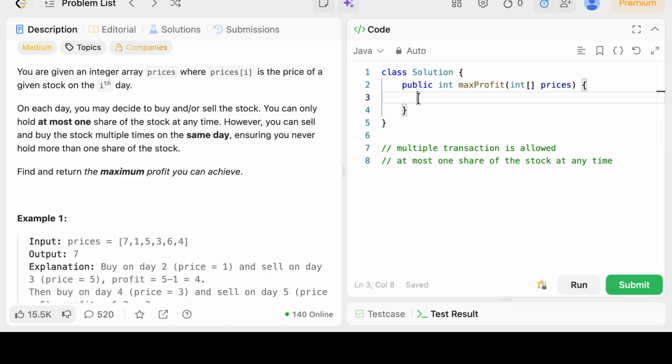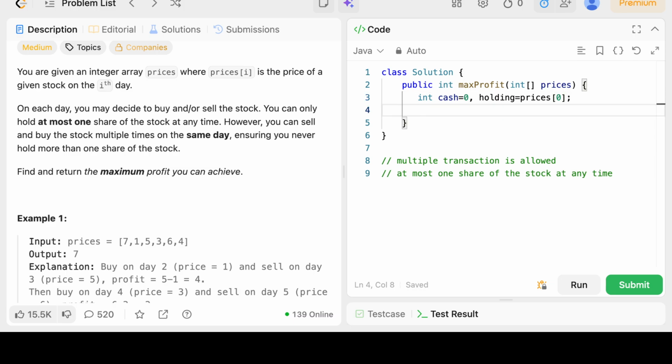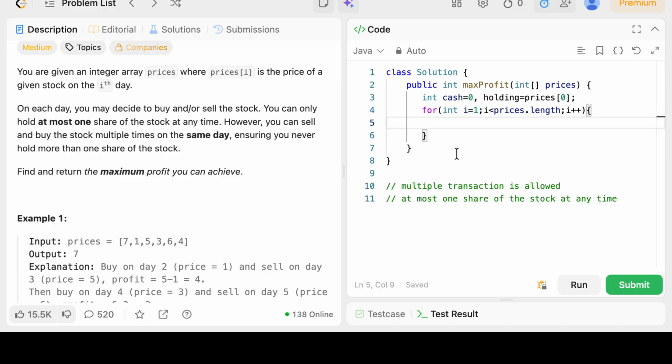Let me first define the variables. Initially we have a cash of 0, and on day 0 we have a holding of the current price, which is the day 0 price. We iterate from day 1 to the end of the days.